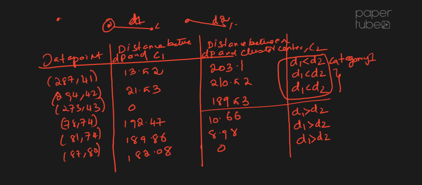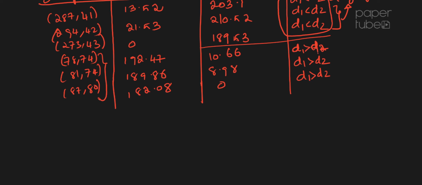So all three belong to category 1. And for the last three data points, D2 is smaller than D1, which means each of these data points is much closer to the cluster center C2. So I'm going to assign these data points to category 2.